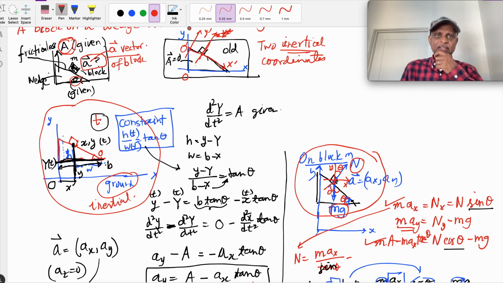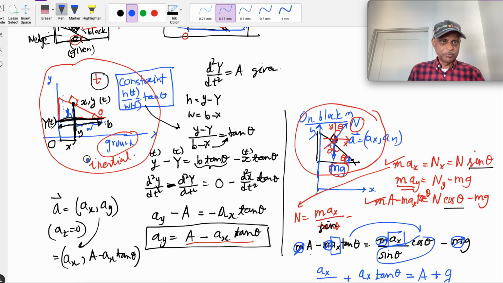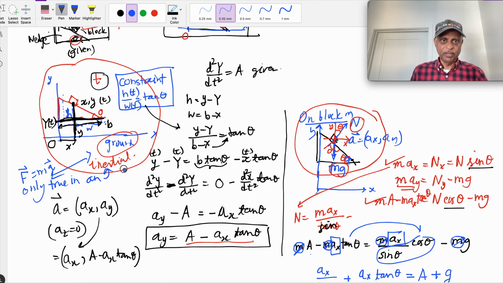Now, why do you need an inertial reference frame? You need an inertial reference frame because F equals ma, this form of F equals ma, is only true in an inertial frame.